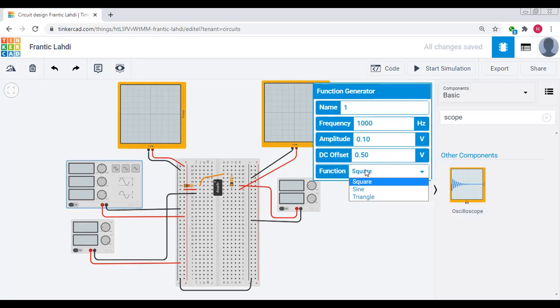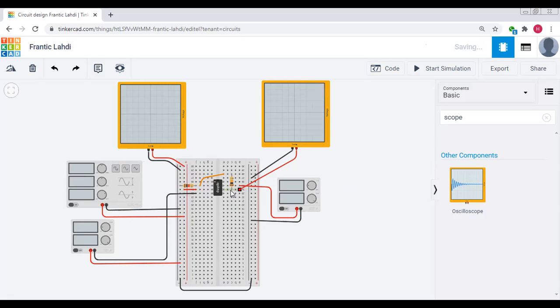The function is used to choose which type of voltage we want to give to the 741 IC. These are square, sine and triangle. We want to give a sine wave to the third number pin of the 741 IC. So by doing this, our whole connection is complete.